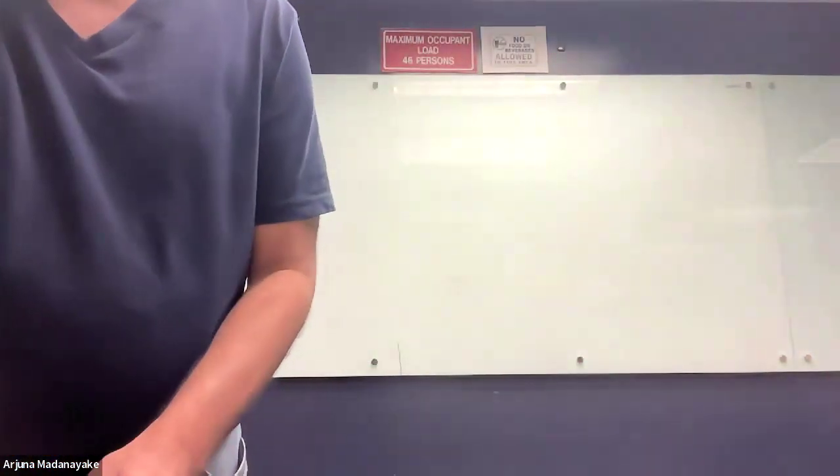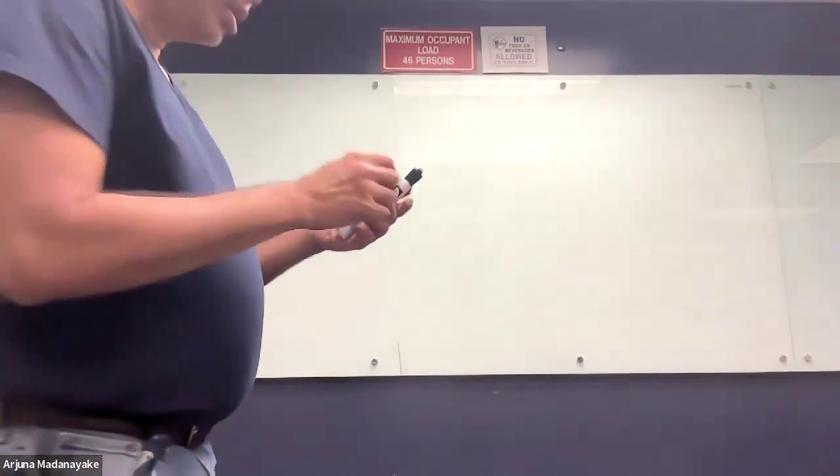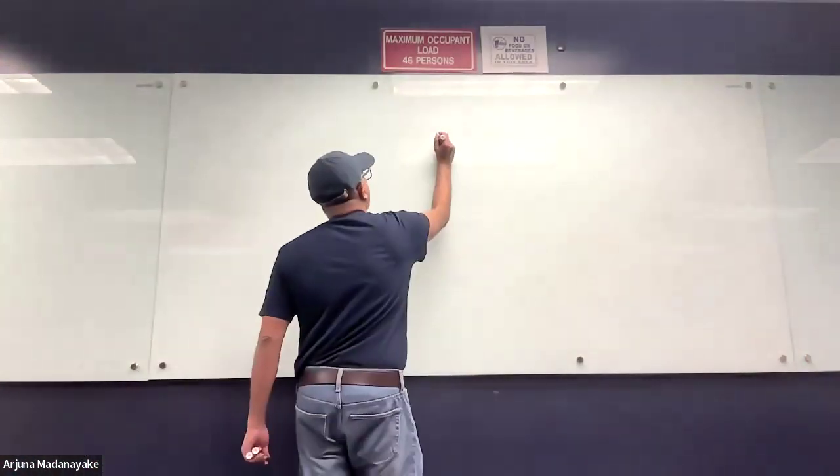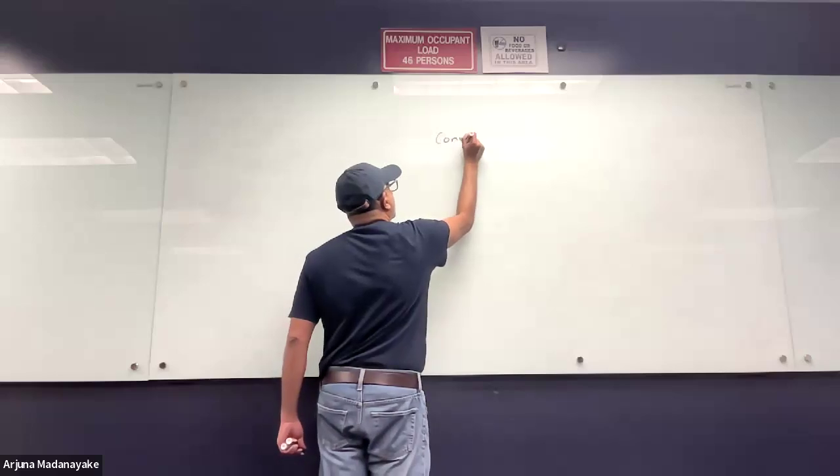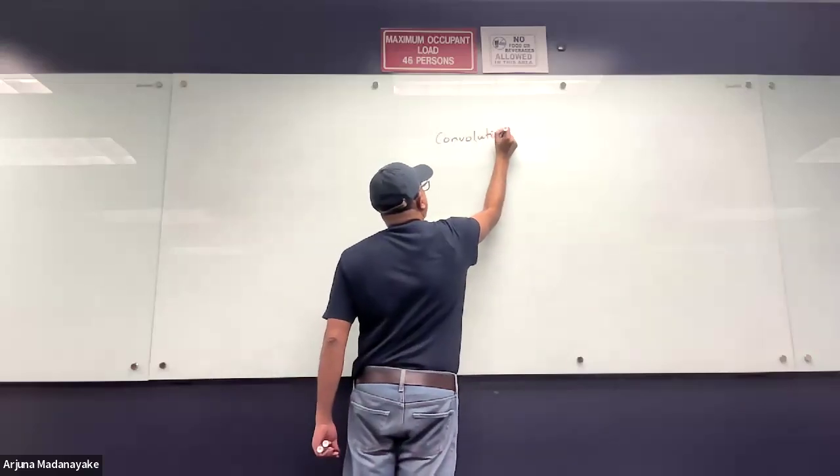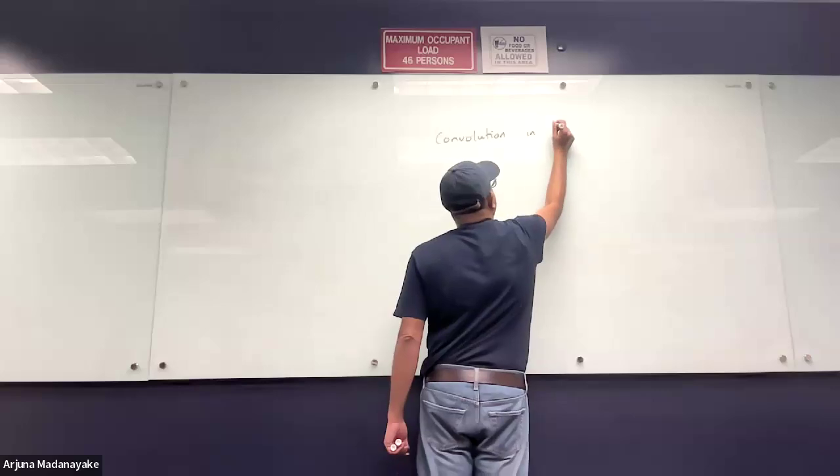So to understand how convolution works, we have to first define it. So we will first define the operation of convolution in the continuous time domain. Convolution, continuous time.